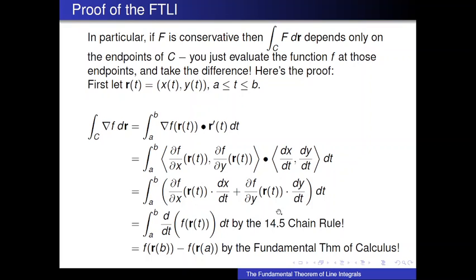So this really is, in essence, the derivative with respect to t of this scalar valued function of the single variable little t. So now our expression is the integral from a to b of the derivative with respect to t of little f of r of t, and we're integrating with respect to t.